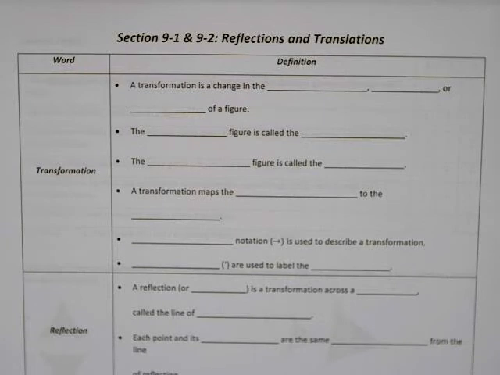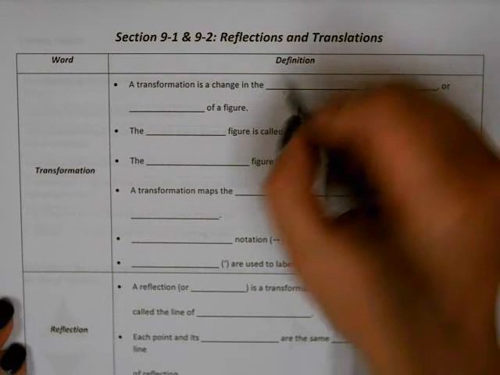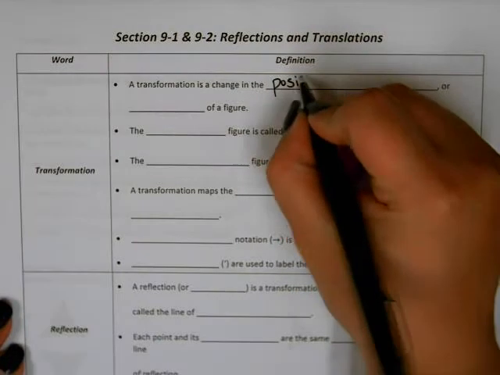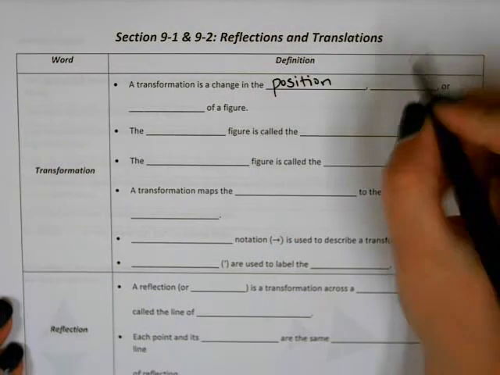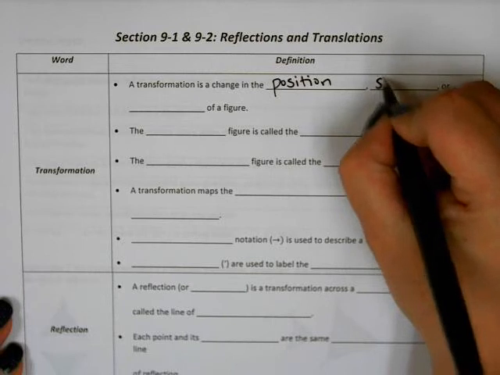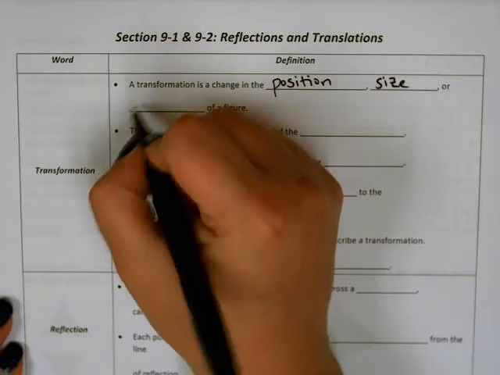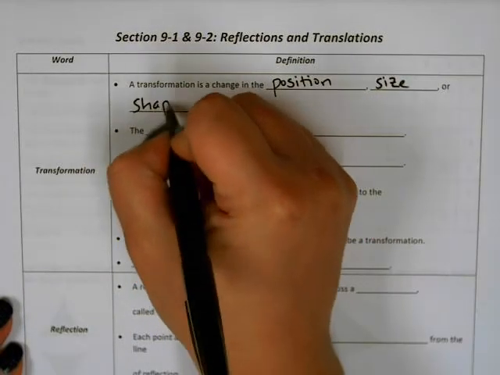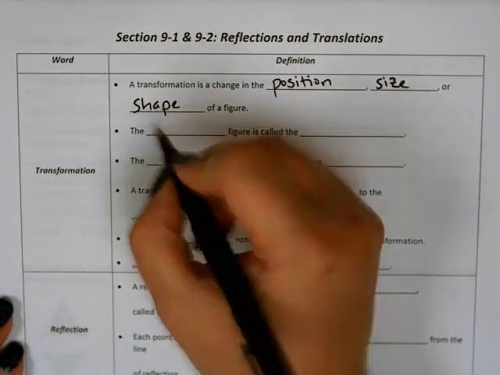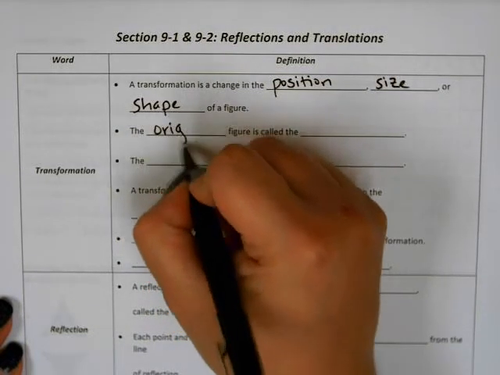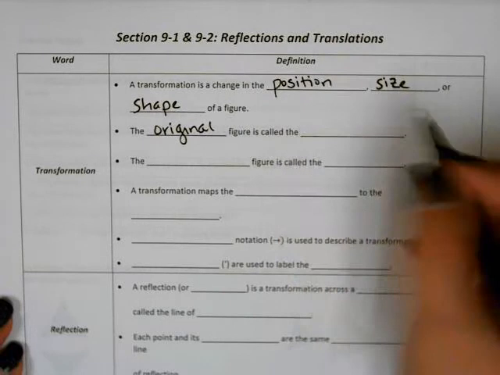So chapter 9 is all about transformations. A transformation is a change in the position, size, or shape of a figure. The original figure is called the pre-image.